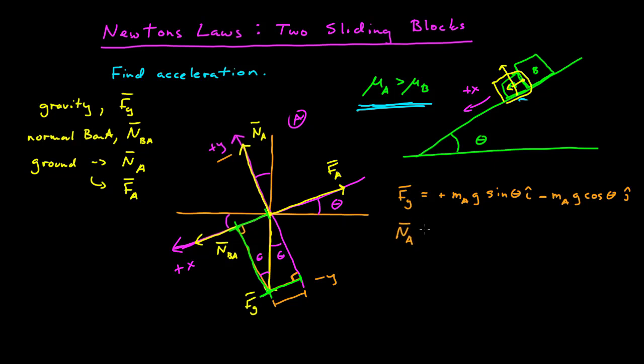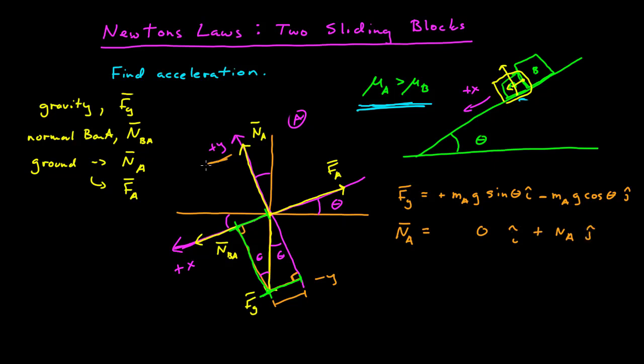Next is the normal force of the ground on A. It has nothing in the x direction, and it has its entire magnitude, n sub A, in the y direction, along the positive y-axis in my coordinate system.